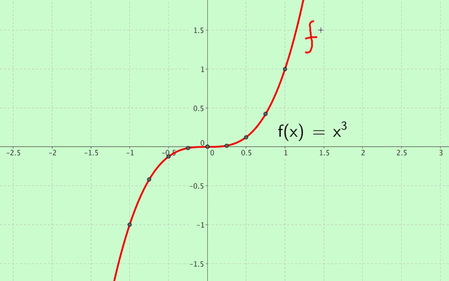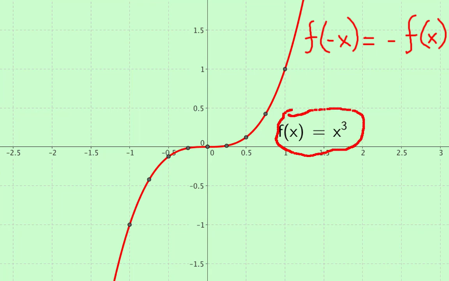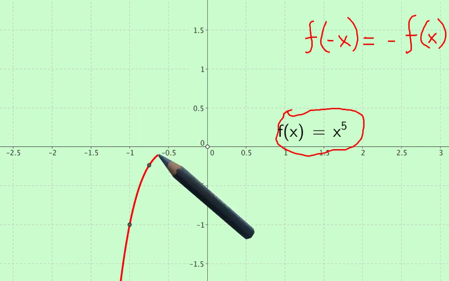An odd function is such that if instead of x you put minus x, then the function itself changes sign. Obviously, when x goes to minus x, this function over here is changing sign. Let's take now f of x equals x to the power 5.